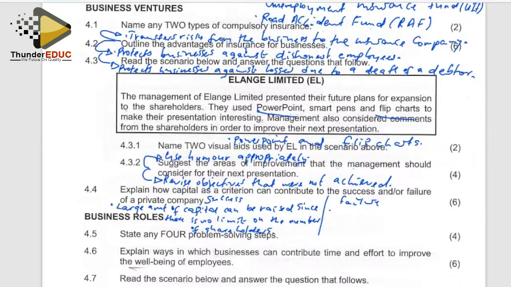And then on the failure side, we are saying that restrictions on transferability of shares may not attract financially strong investors.